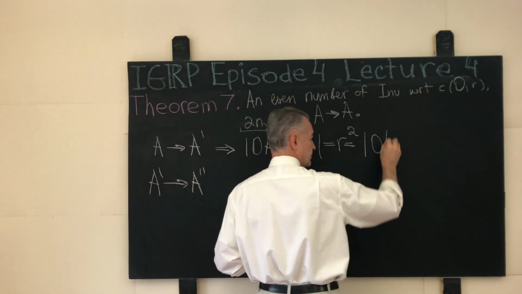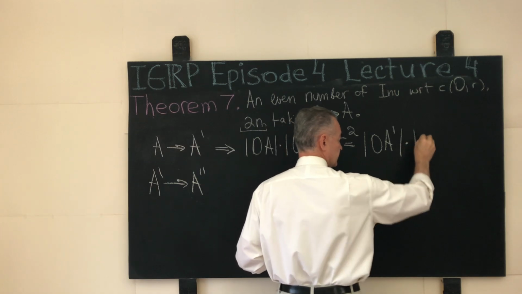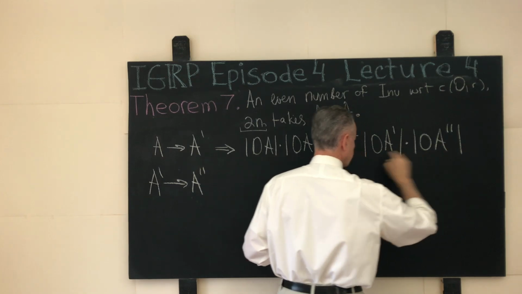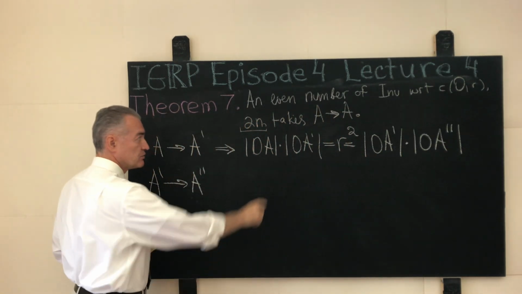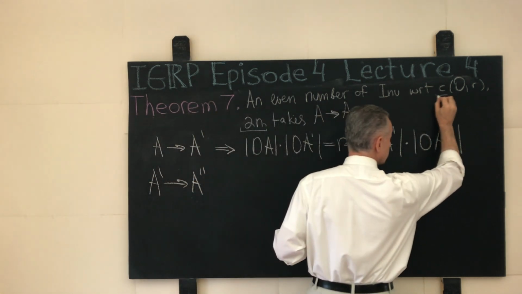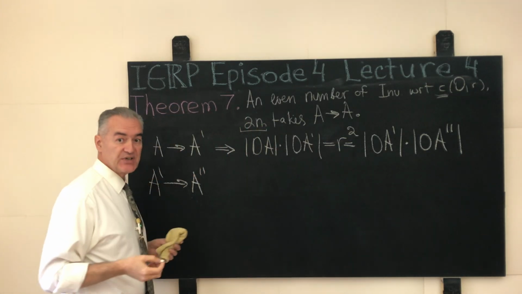The distance from the center of inversion to the point A prime times the distance from the center of inversion to the point A prime prime must also be r squared, because remember, we're carrying out an even number of inversions with respect to the same circle, or in some sense a fixed circle.